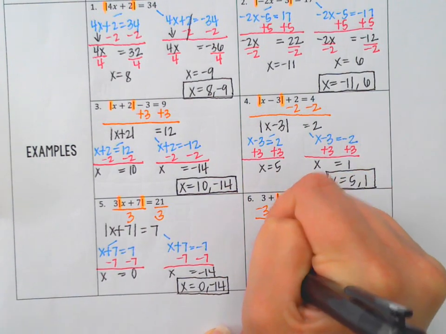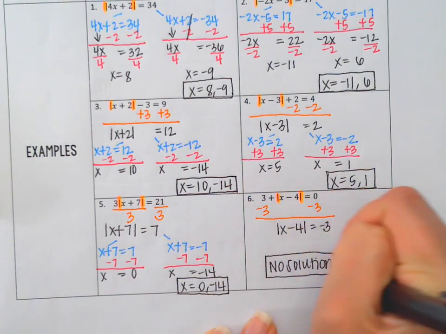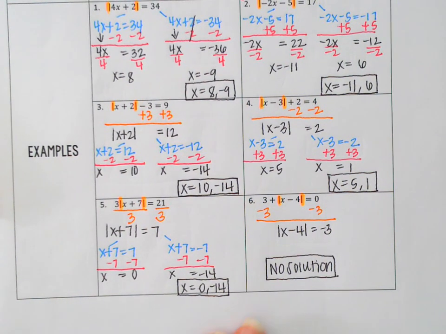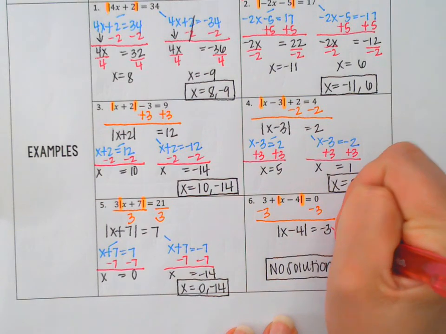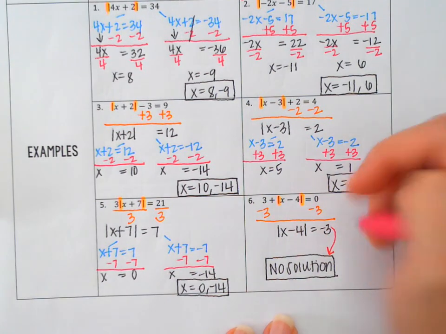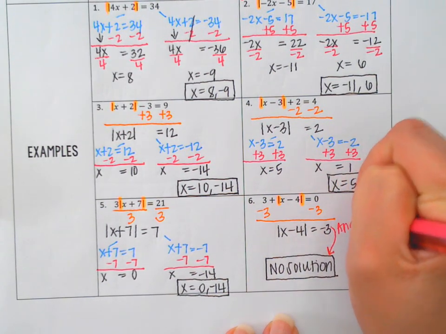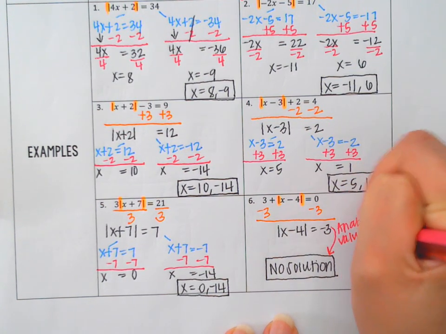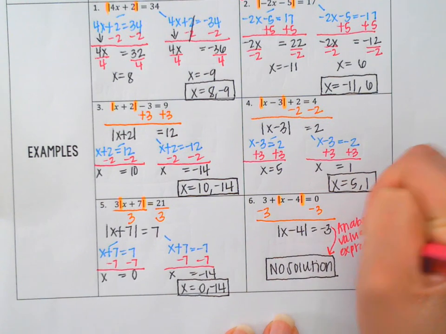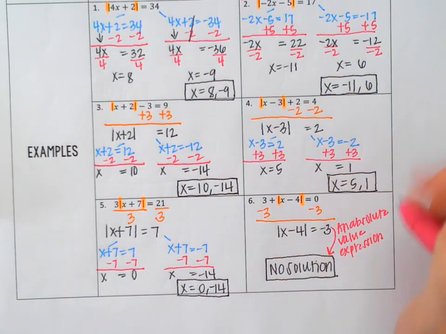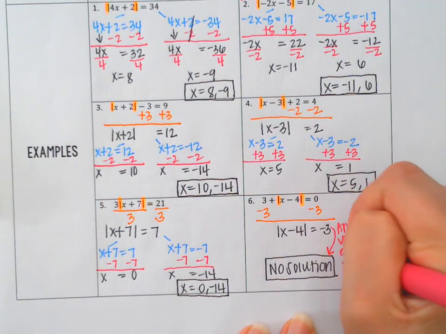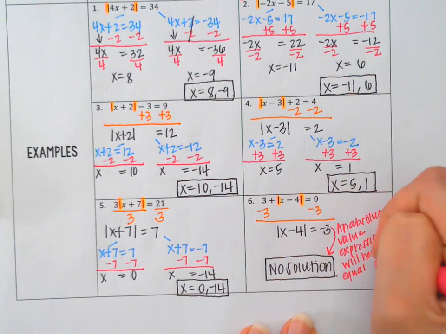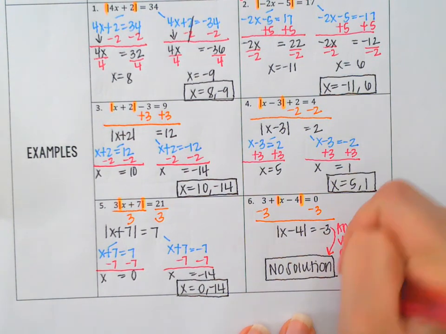So if you isolate the absolute value expression and it's equal to a negative, you need to stop and say no solution. An absolute value expression will never equal a negative number.